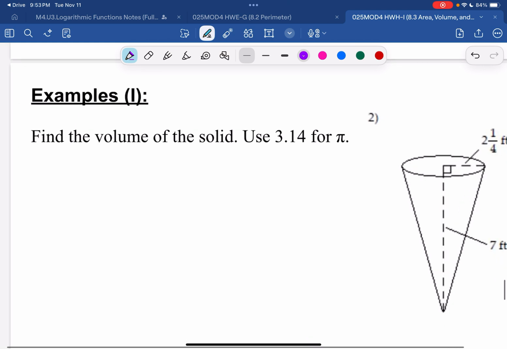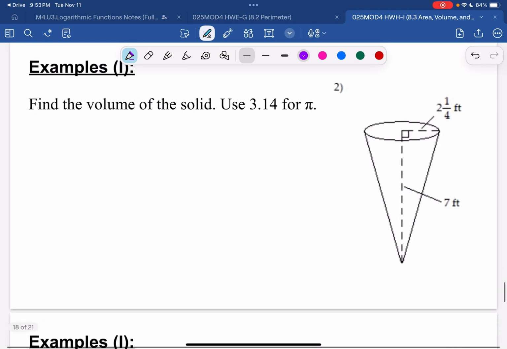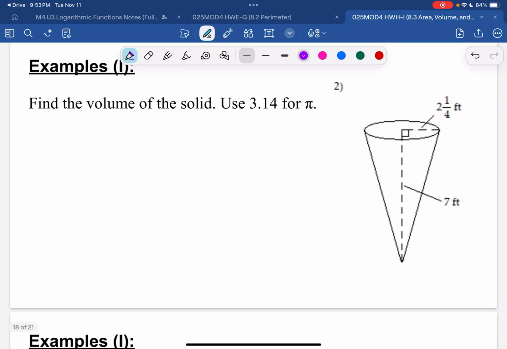Okay, so now let's look at the volume for this cone. The volume formula for a cone is 1/3 pi r squared times h. This one tells us to use 3.14 for pi, so I'll start by putting that. So 1/3, 3.14.